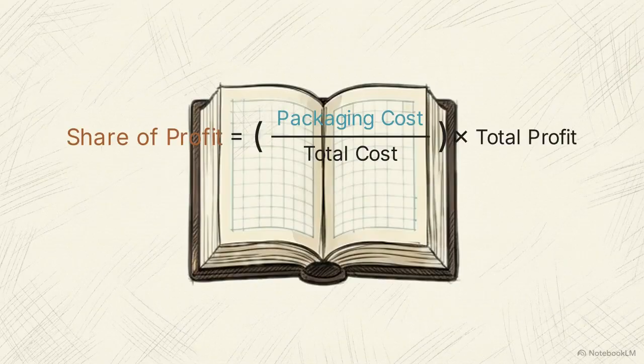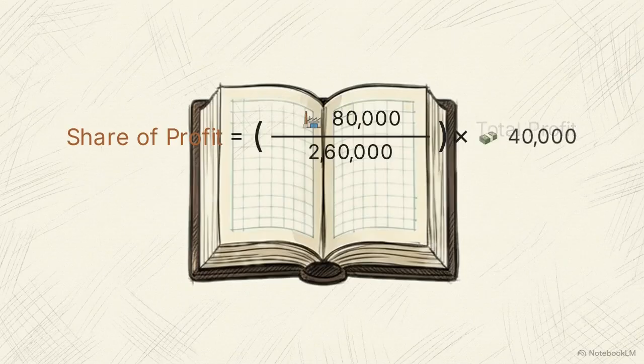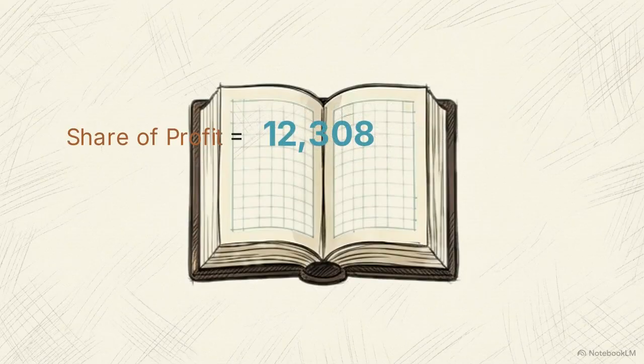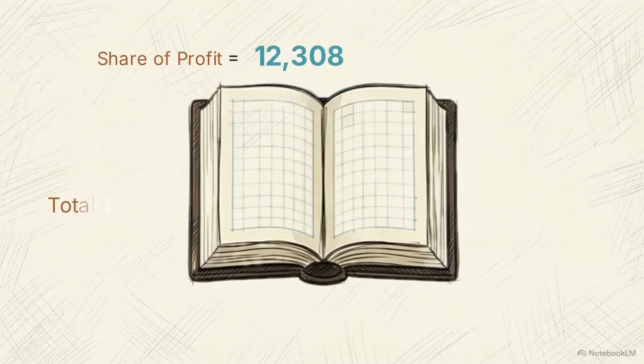They spend 80,000 rupees out of a total cost pool of 2,060,000 rupees, and the total corporate profit is 40,000. Executing that calculation yields an allocated internal profit of exactly 12,308 rupees for the packaging division.